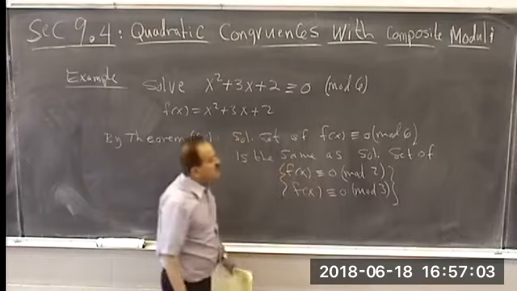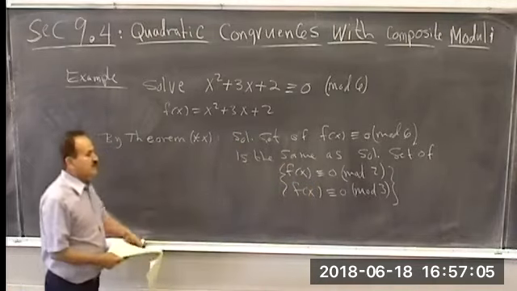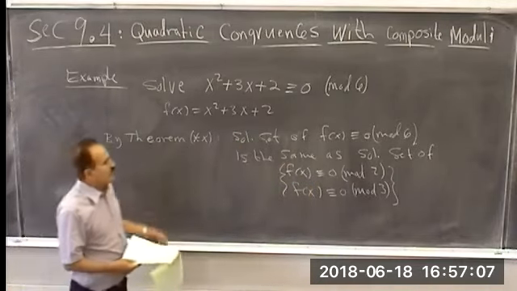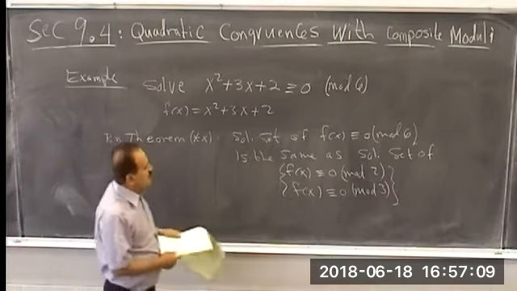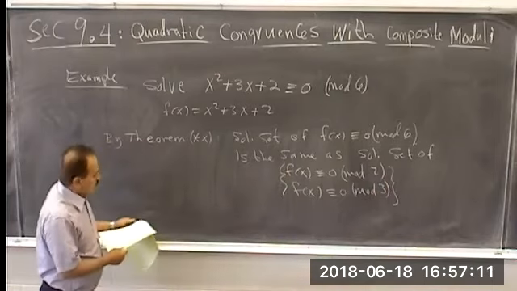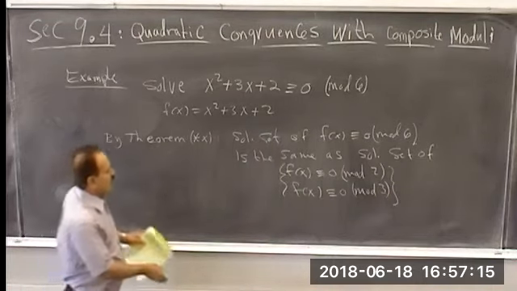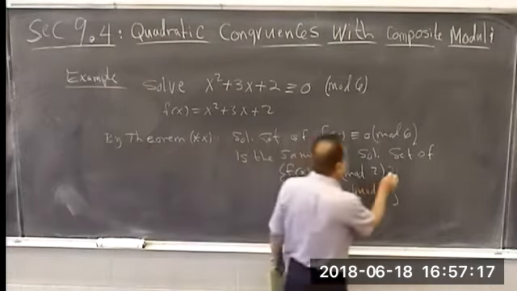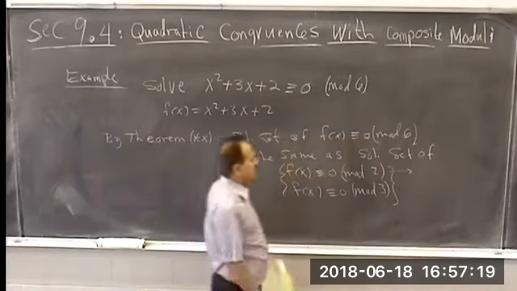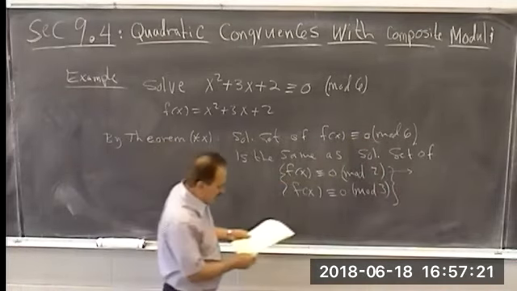Now, this system of congruence equations is not the linear one. It is not like what the Chinese remainder theorem tells us. But we can, of course, solve this by the methods that we learned for primes, in this case 2.